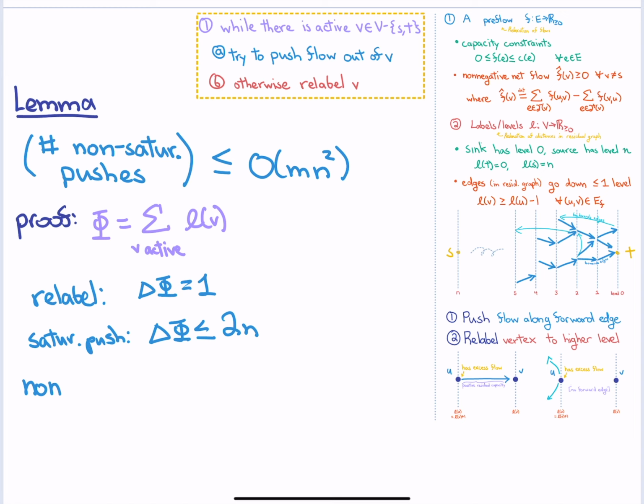Okay, so that means, by the way, the total, let's see. Do you guys remember how many relabels we might have at most? N squared. So the total increase in the potential from relabels would be?